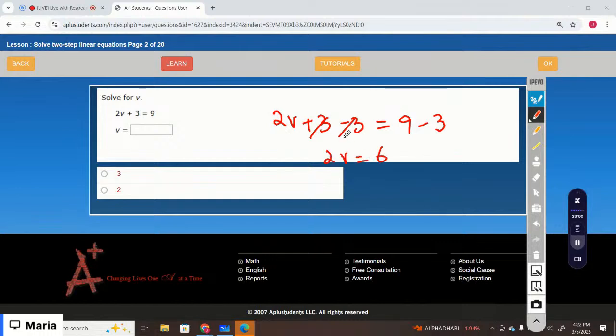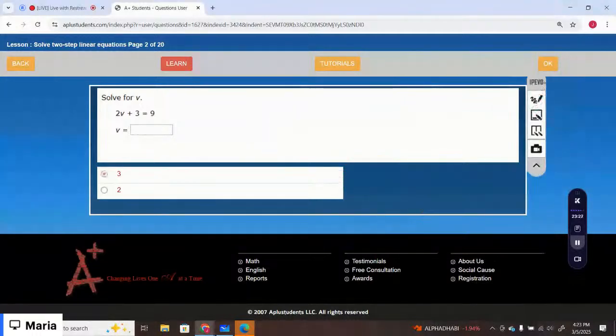That is 2V equals 6. That is V equals 3. Option number 1 is the correct option.